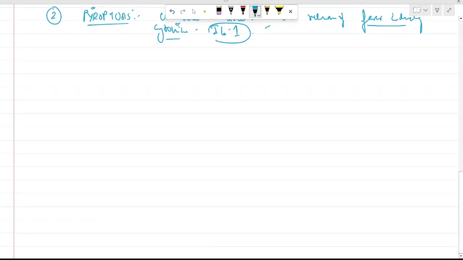So now I'm going to see the mechanism of pyroptosis. First there is microbial toxin. This microbial invasion releases toxin, and this microbial toxin enters the cell.